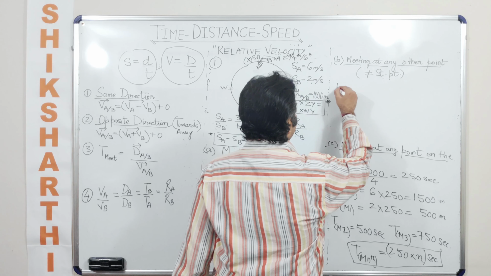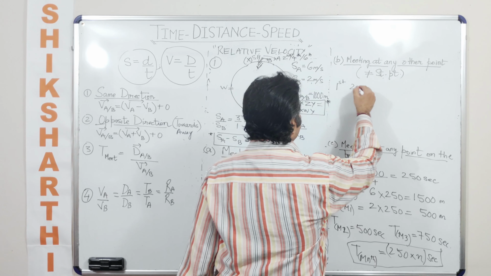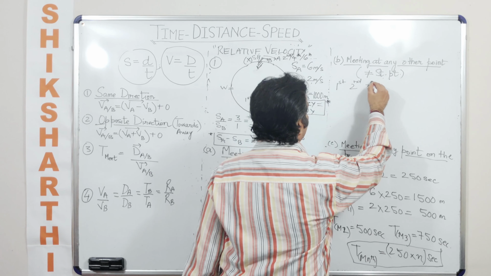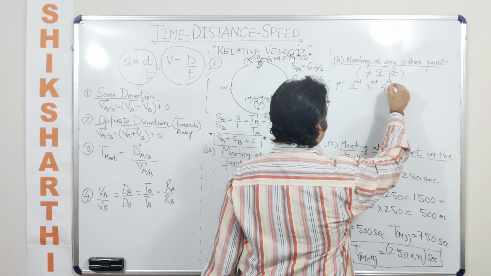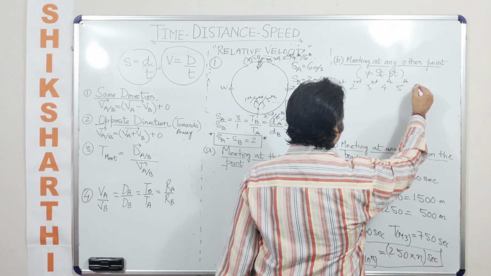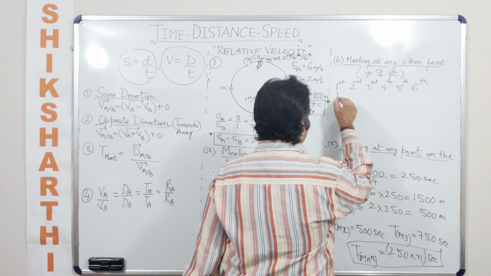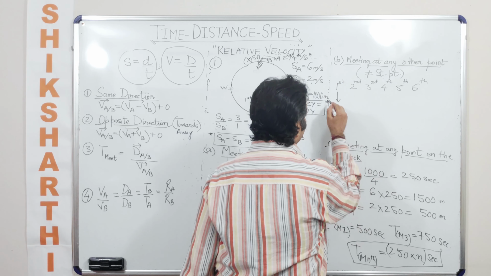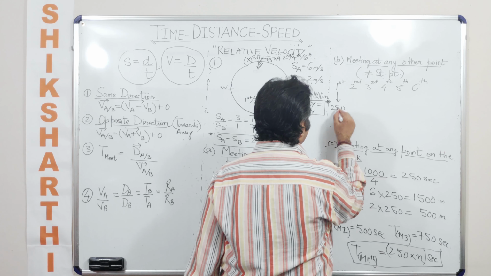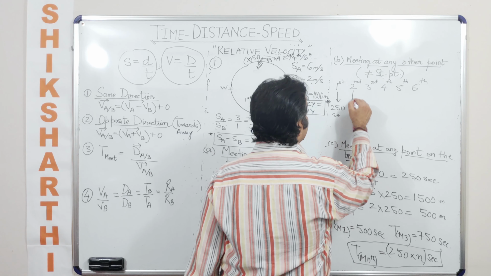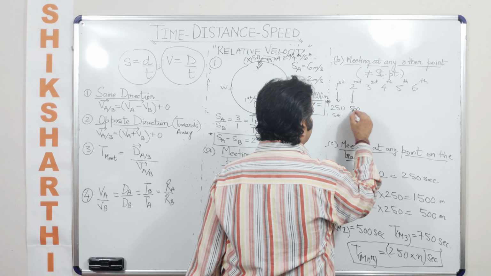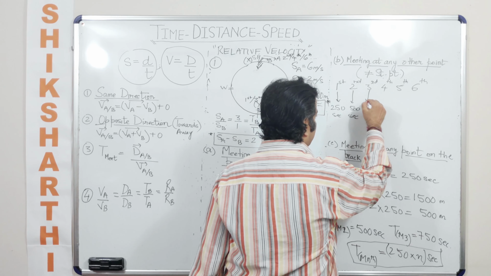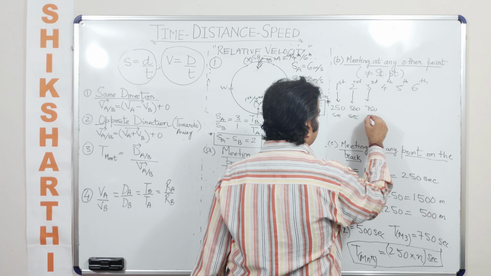Fairly easy means, let us say this is the first time when they are meeting, second time, third time, fourth time, fifth time, sixth time, and so on. So can I say they'll be meeting the first time after 250 seconds? That is correct. Second time they'll be meeting after 500 seconds. Third time after 750 seconds.